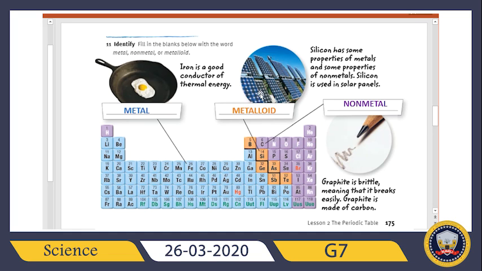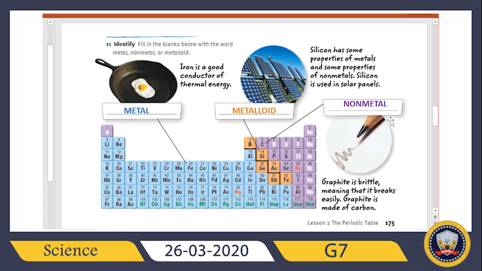Also we see silicon. Silicon has some properties of metals and some properties of non-metals, and it is used in solar panels. Because of its place, it is just on the borderline of the zigzag, so it is a metalloid.